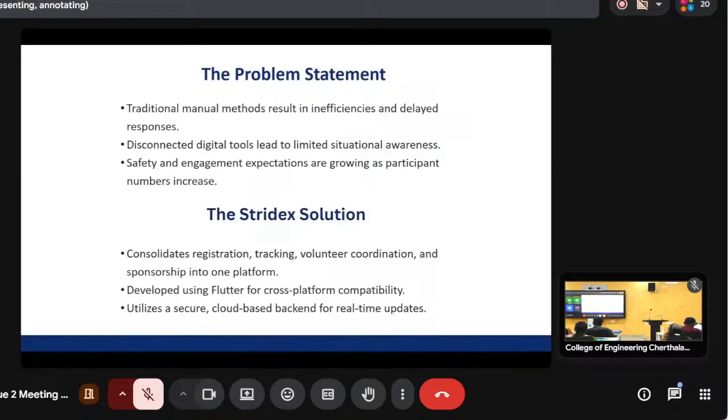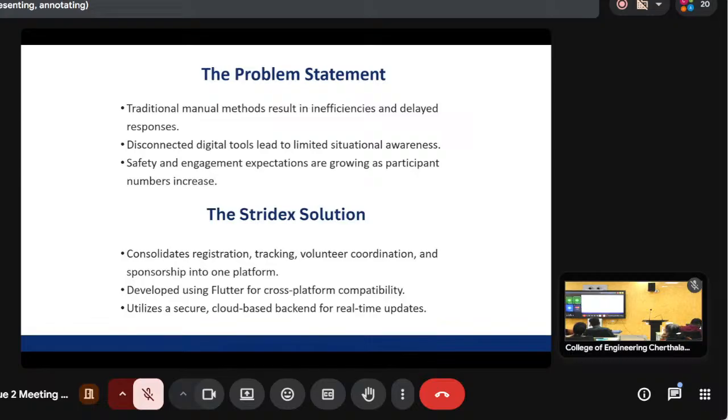Why do we need this? Currently, many marathons still rely on manual methods, which leads to slow response time and lack of real-time data. As more people participate in these events, the expectations for safety and engagement are growing.